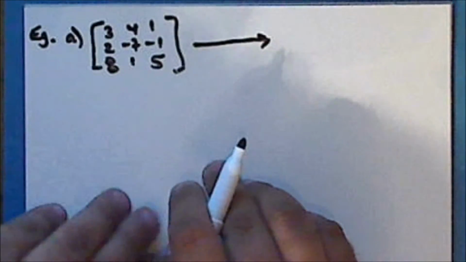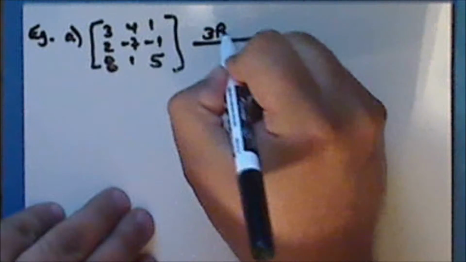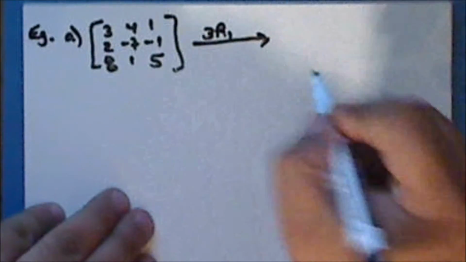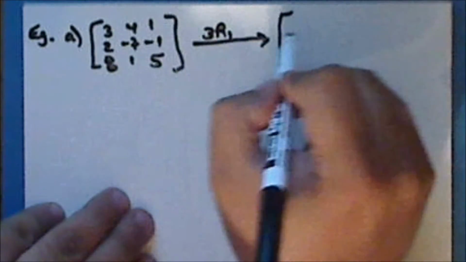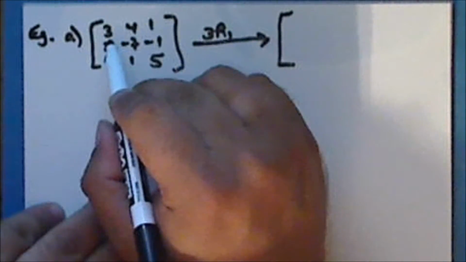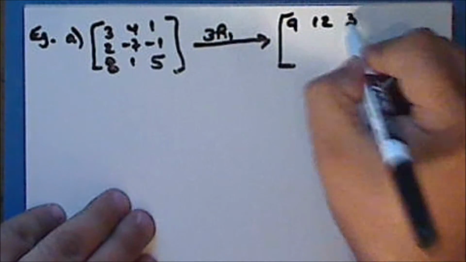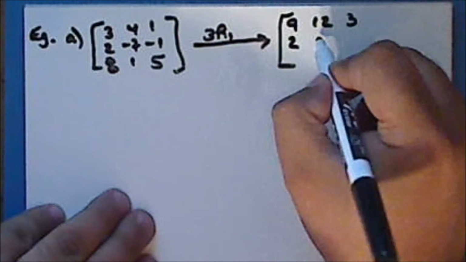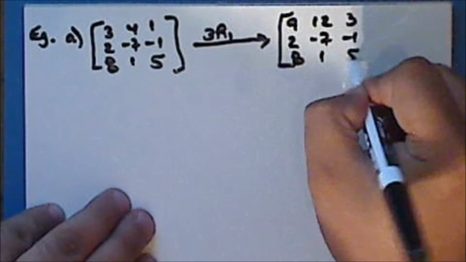And we'll perform the elementary row operation of multiplying row 1 by the non-zero constant 3. Then row 1 is 3 times 3, which is 9, 3 times 4, which is 12, and 3 times 1, which is 3. Rows 2 and 3 are not changed, and so we have 2, -7, -1, 8, 1, 5.